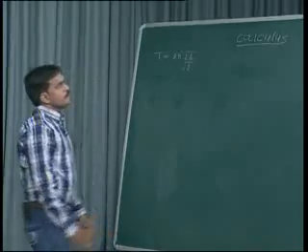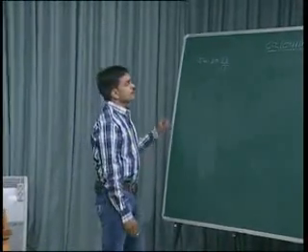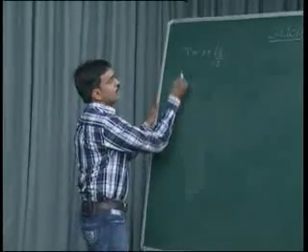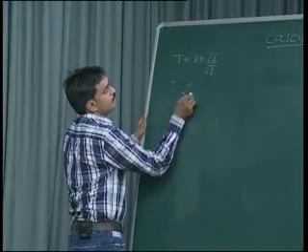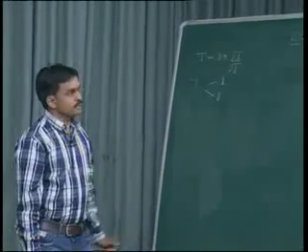This is the formula for the simple pendulum period, T is equal to 2 pi root L by root g, means T is a function of L and g. We have two variables, L and g.